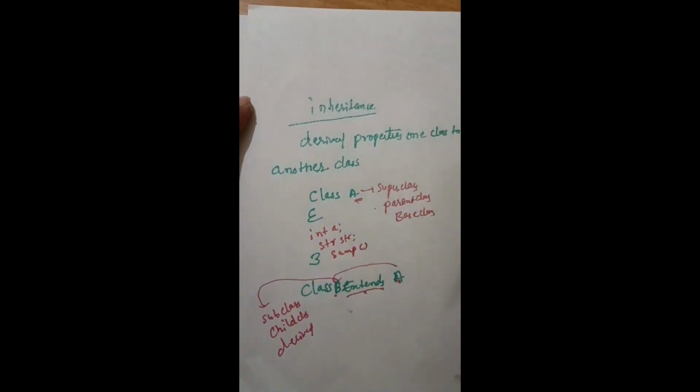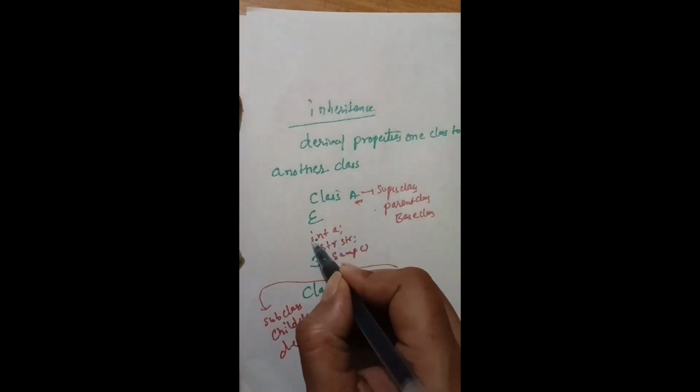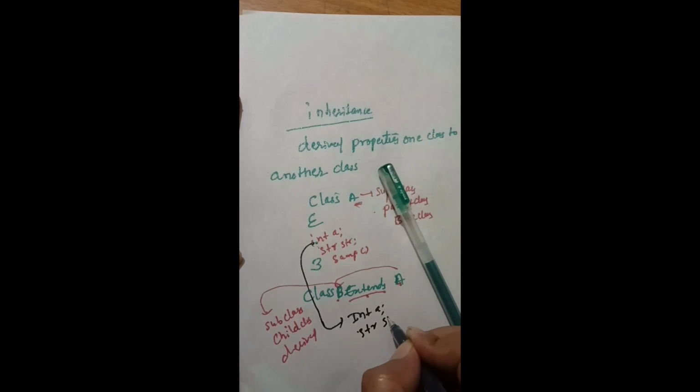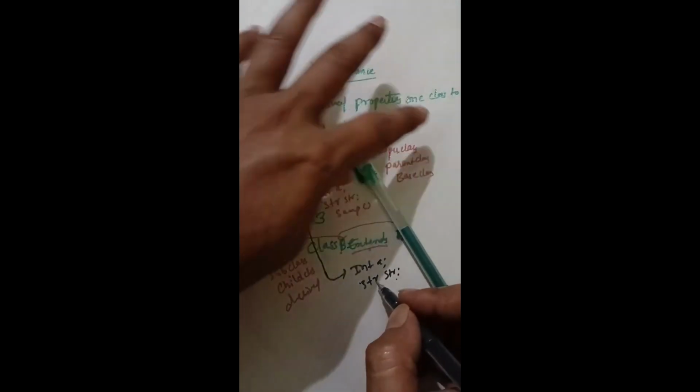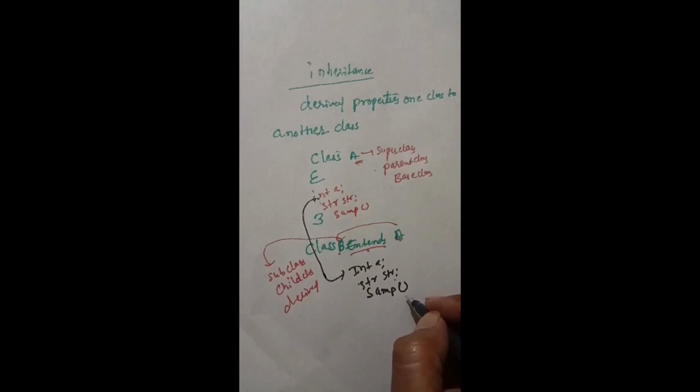They are available in class A. So when A is extended to B, the int a, the string variable str, and the sample method are also available in class B. We acquire the properties from an existing class into a new class. This is called inheritance.